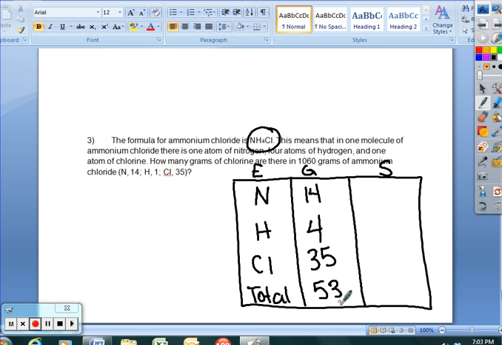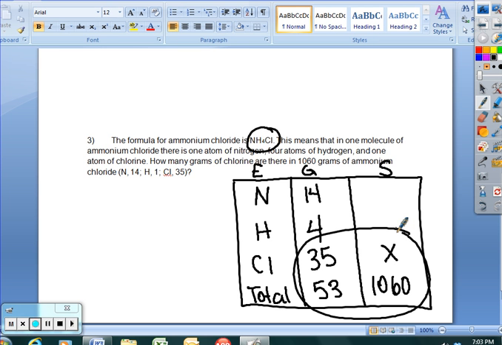The problem asks how many grams of chlorine are there in 1,060 grams of ammonium chloride. So in the total column for our solution, it should be 1,060 grams of ammonium chloride. We want to know how much chlorine is in that. So this is what we're going to use to set up our proportion.